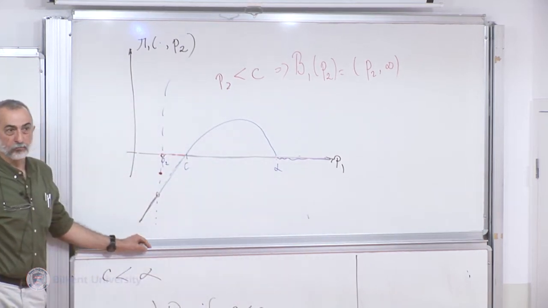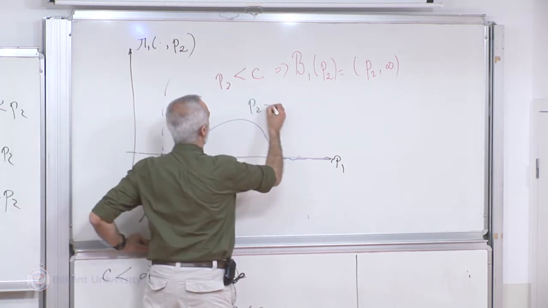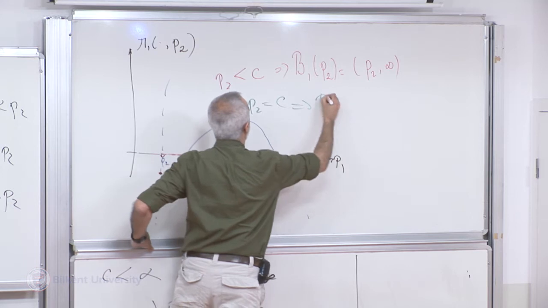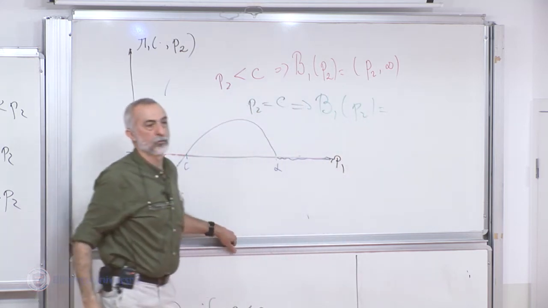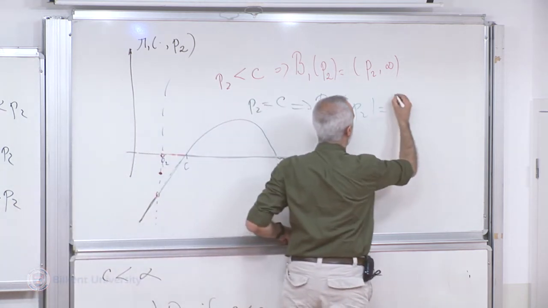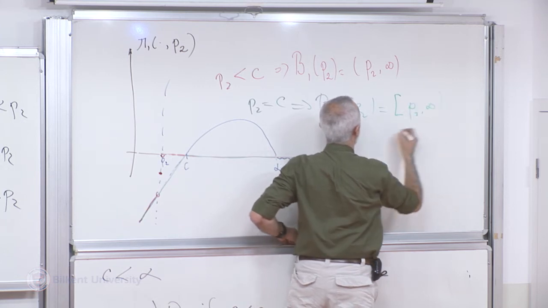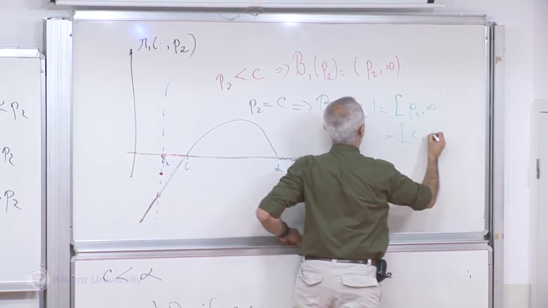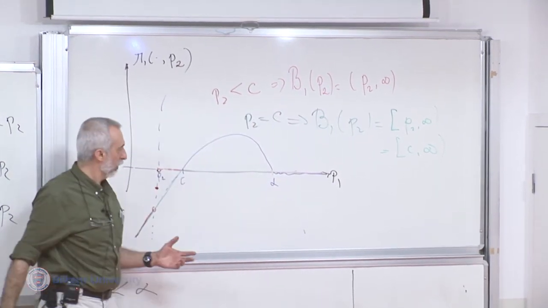So if P2 is equal to C, then what is the best response of player 1 to P2? Exactly. This was an open interval. Now it's from P2 to infinity, which is the same as C to infinity. So far, so good?